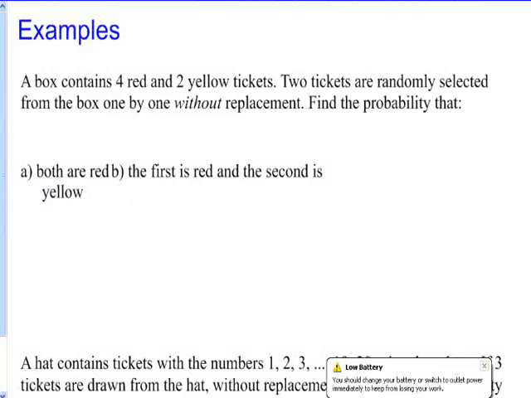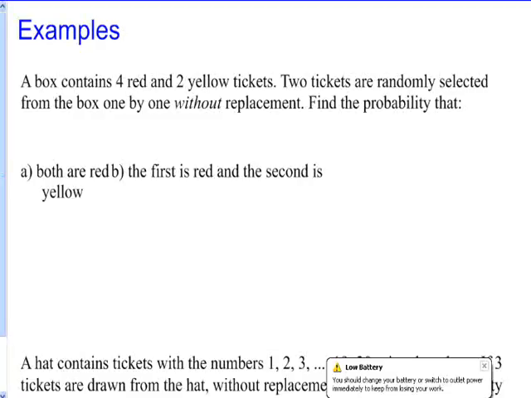So a box contains 4 red and 2 yellow tickets. 2 tickets are randomly selected from the box, 1 by 1, without replacement.